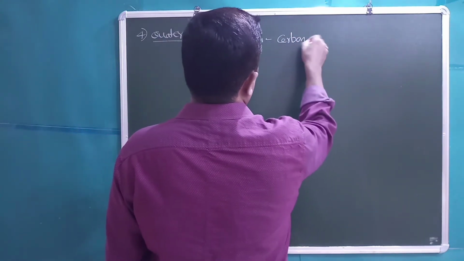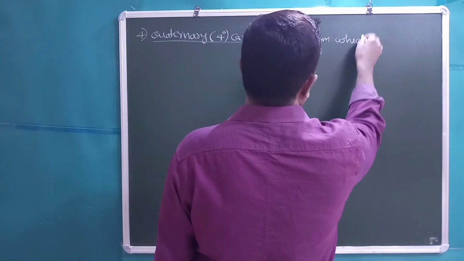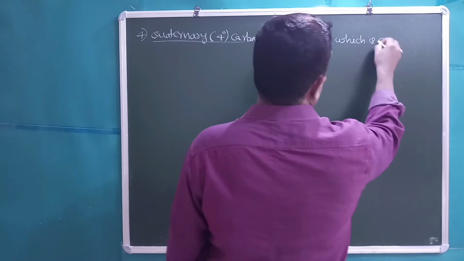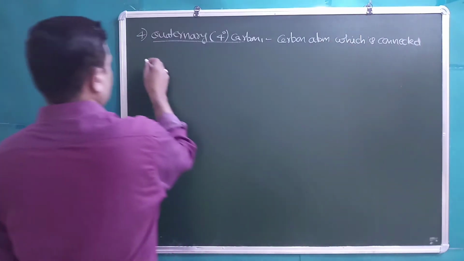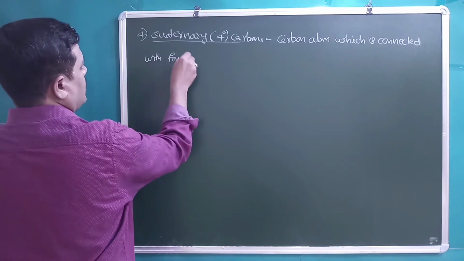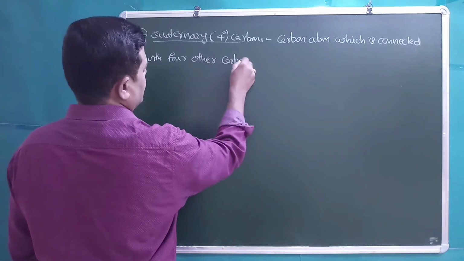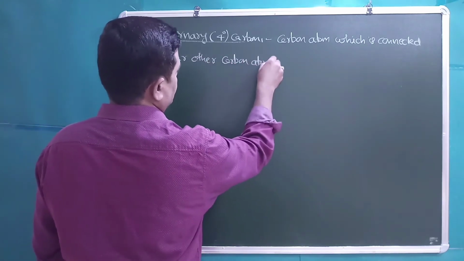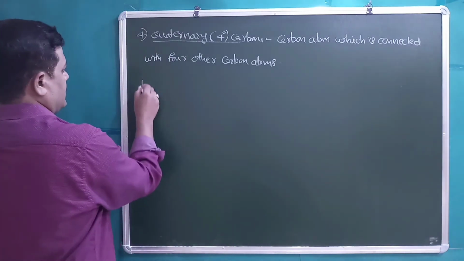A carbon atom which is connected with 4 other carbon atoms is known as quaternary carbon or 4 degree carbon.